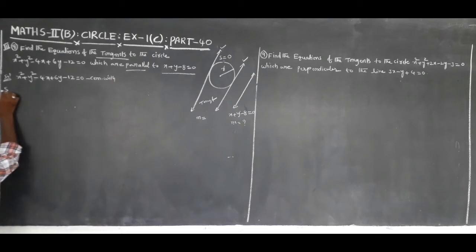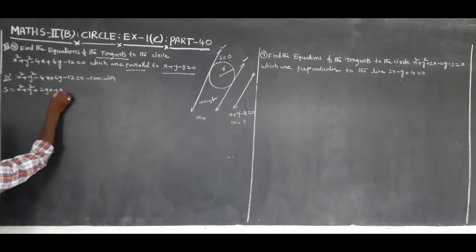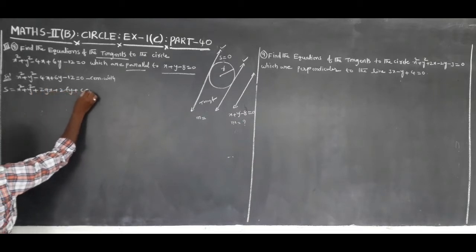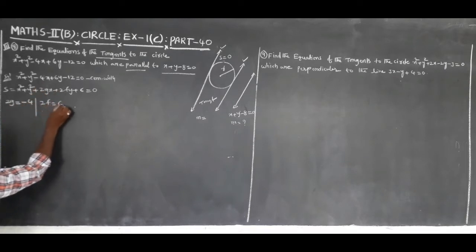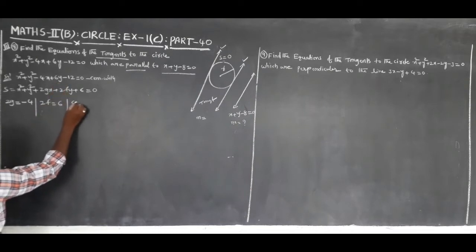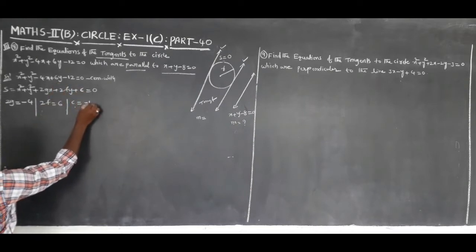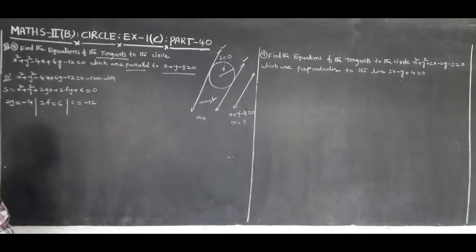Comparing with the general equation x square plus y square plus 2gx plus 2fy plus c is equal to 0, here x coefficient 2g is equal to minus 4, y coefficient 2f is equal to 6, constant c is equal to minus 12.